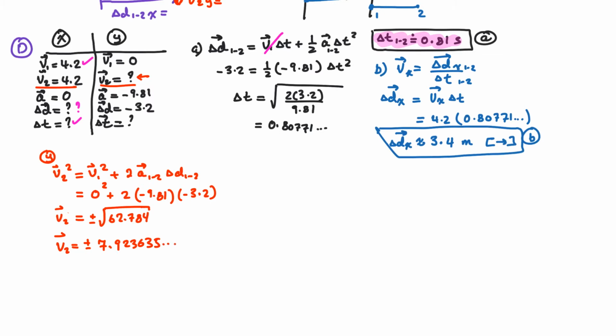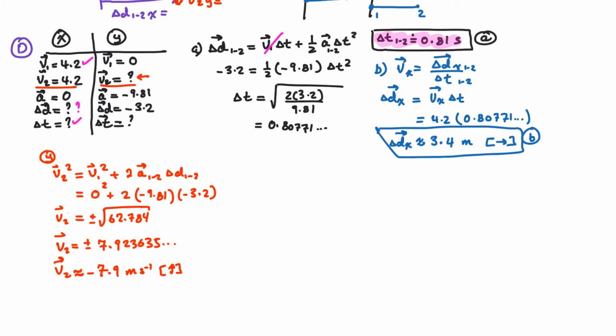In this case, my up is positive. I know that the vertical velocity of the student at stage 2 is downward, so I'm going to take the negative here. So V2 is going to be approximately negative 7.9 meters per second in the upward direction, or positive in the downward direction. So you get to choose which way you want to represent that.